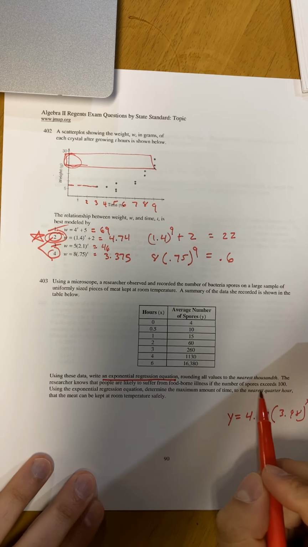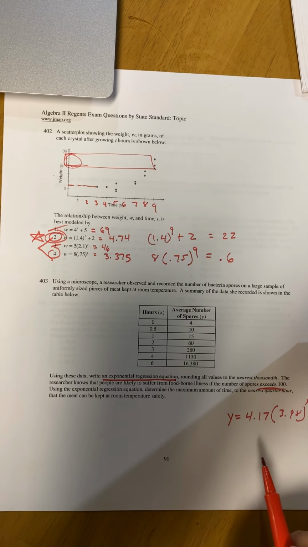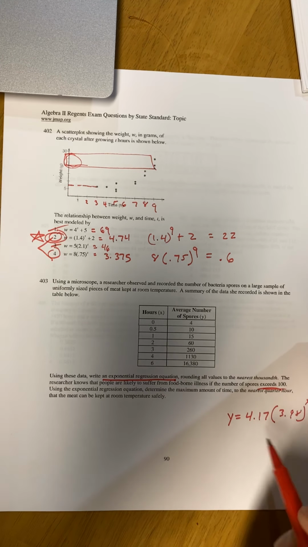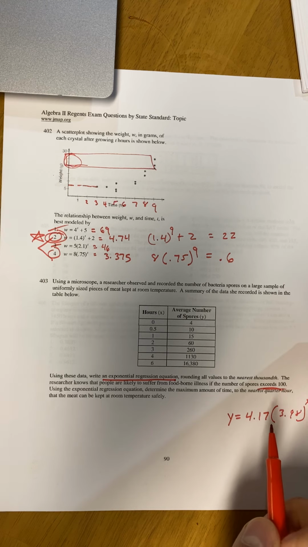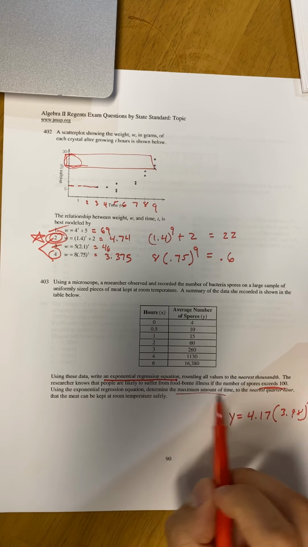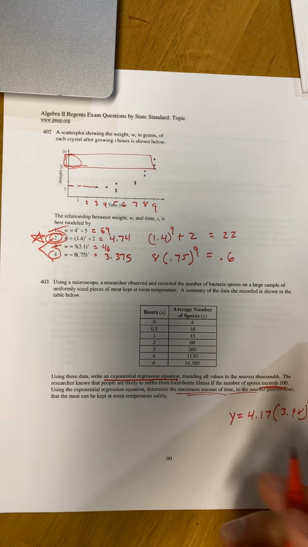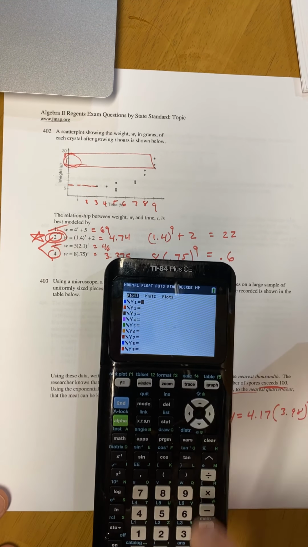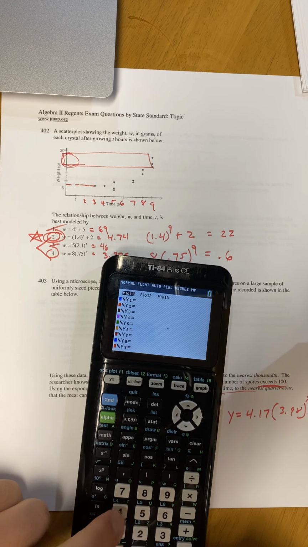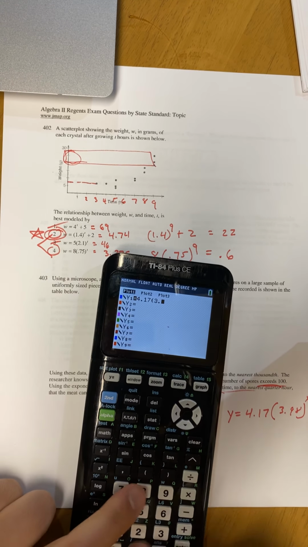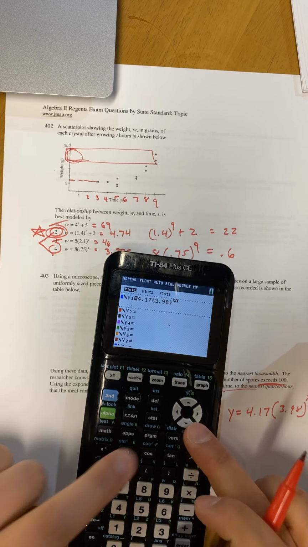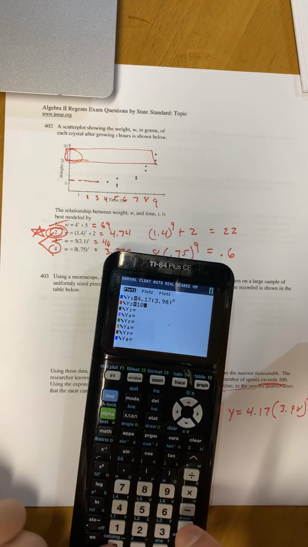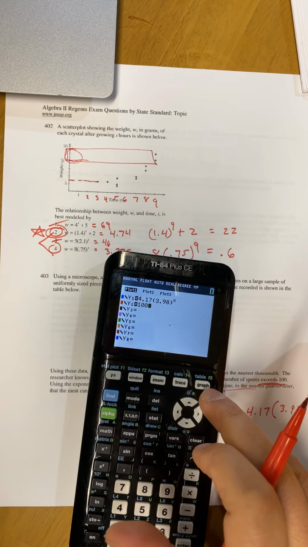And then this question says I can't exceed 100. So it says use this to determine the maximum amount of time it would take to get to 100. One way you could do is go to y equals, put this equation in there, and then put 100 in for y2.